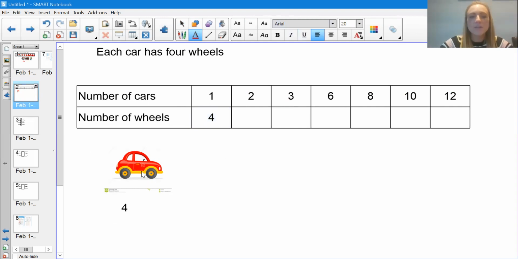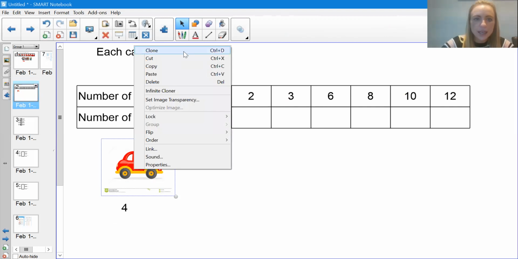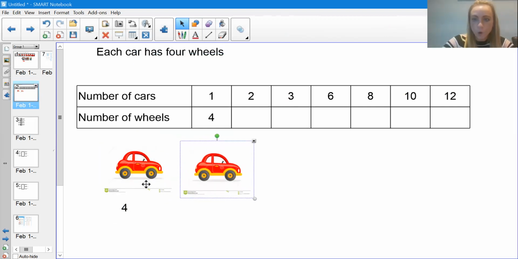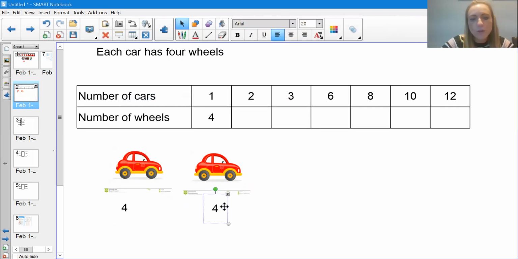Now, what about if I have 2 cars then? Let's have a look. That's got 4 wheels and that's got 4 wheels. So together, how many wheels will I have? Because I know there are 4 there and there are 4 there. So now I've got 2 lots of 4 wheels.